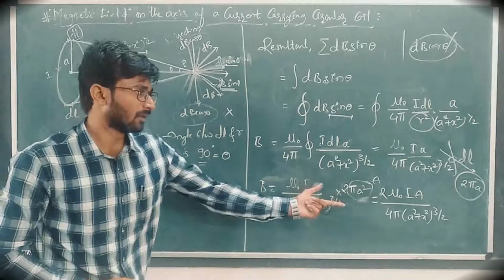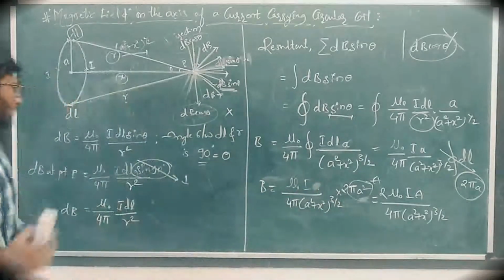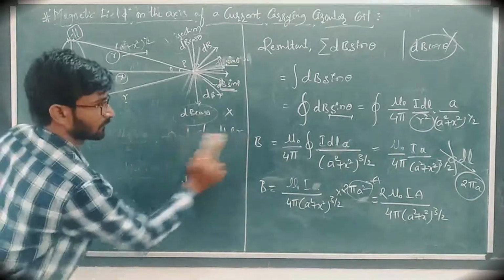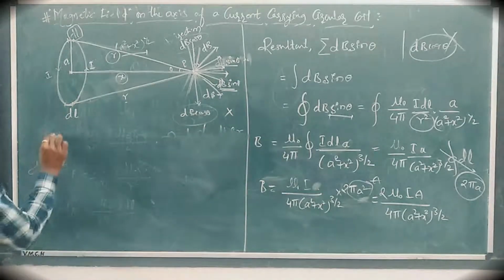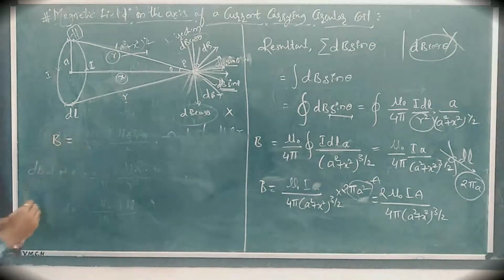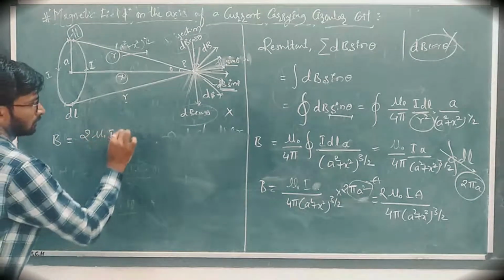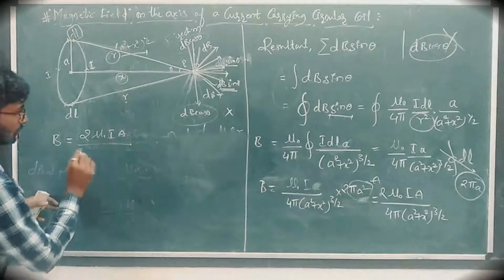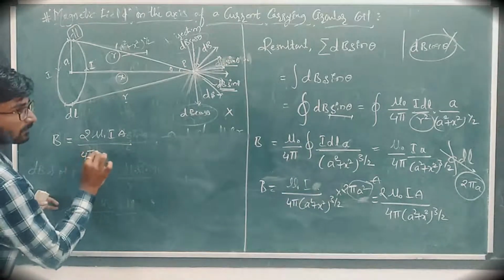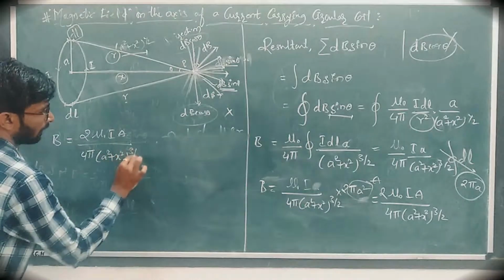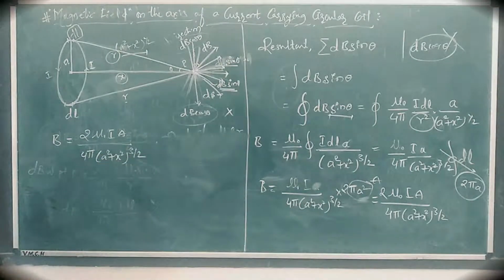Is that right? So the magnetic field B equals 2 mu naught I a by 4 pi, a square plus x square to the power 3 by 2.